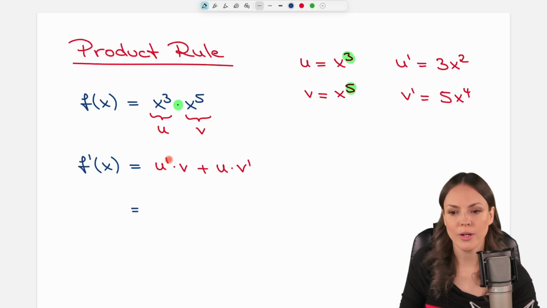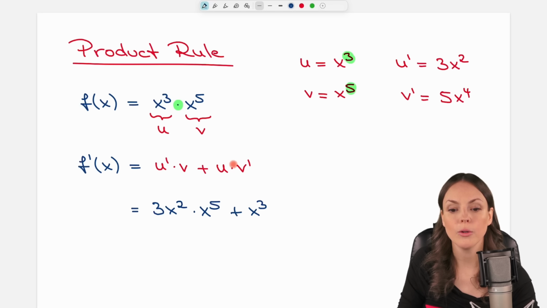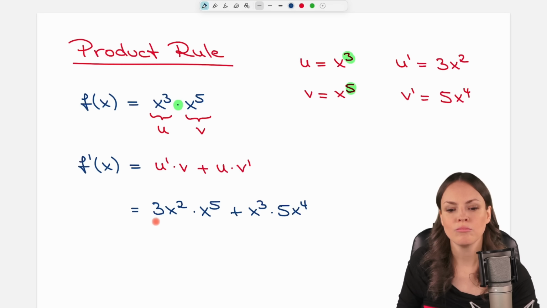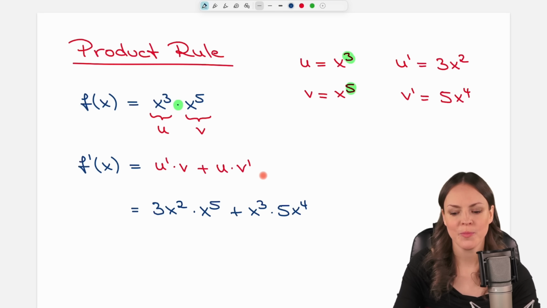U prime is 3x squared, so we take 3x squared and multiply it by v, which was x to the power of 5. Then we add u, which is x to the power of 3, and multiply it by v prime, which is 5x to the power of 4. This is our derivative. Of course, you can usually simplify it more, but this is the product rule.